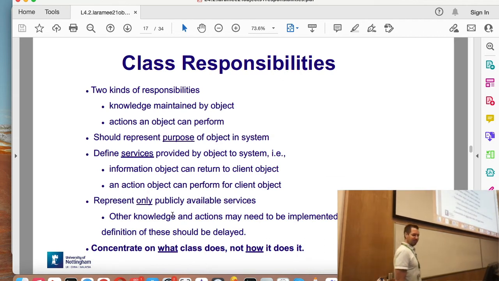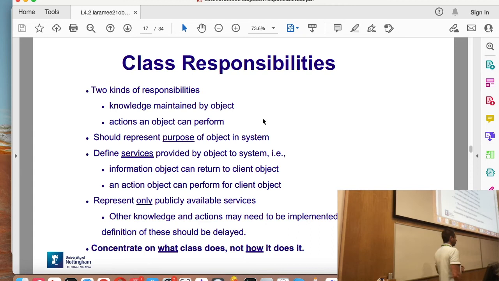So, class responsibilities. I'm going to use this term responsibility a lot. That's part of what the book likes to use. There are two kinds of class responsibilities: knowledge maintained by an object and actions an object can perform.